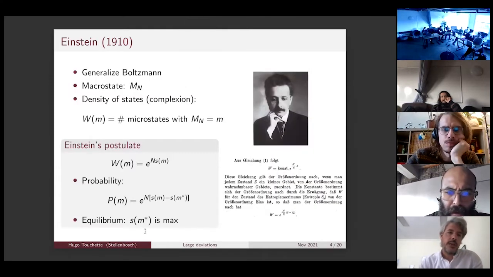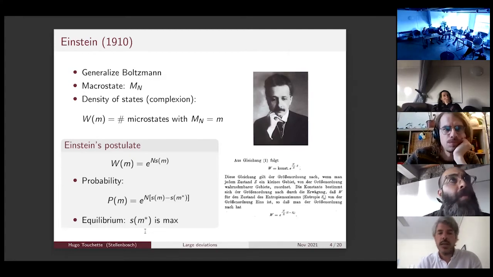Later on, Einstein came in 1910 and looked at the problem of generalizing that counting calculation from Boltzmann. So the goal here is to try to do more or less the same thing, but you want to look at a physically realistic system with interactions, maybe even something that's fully realistic, like a normal gas with collisions and interactions.